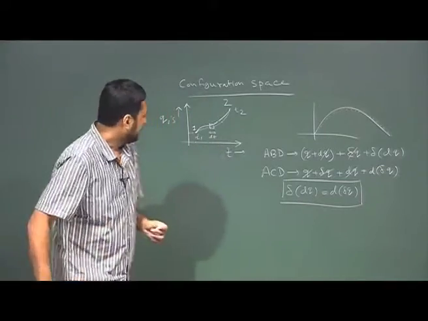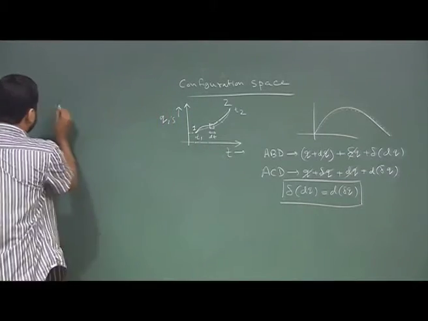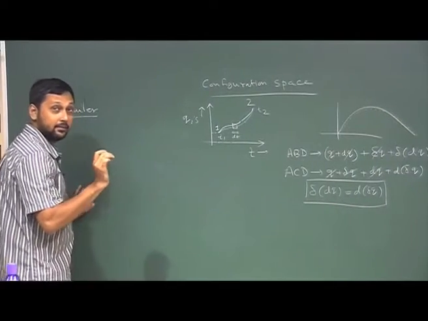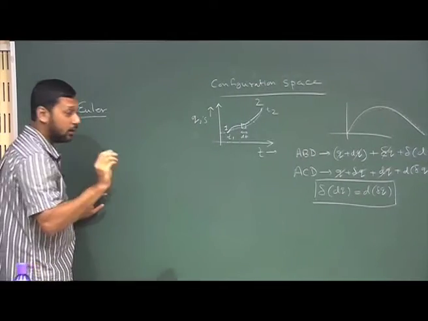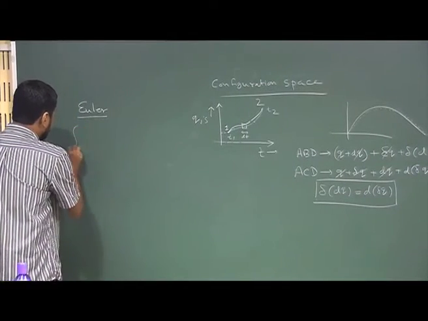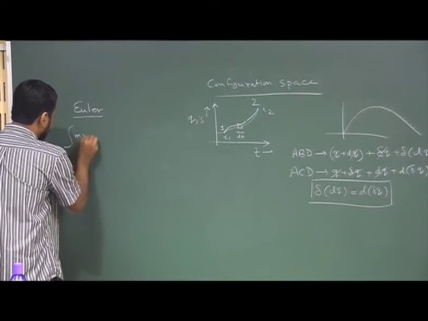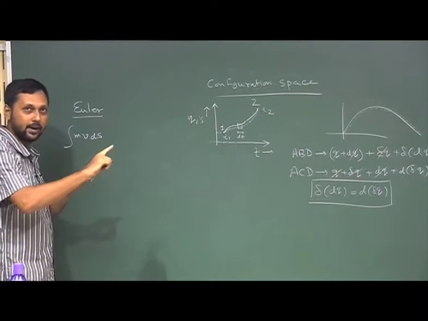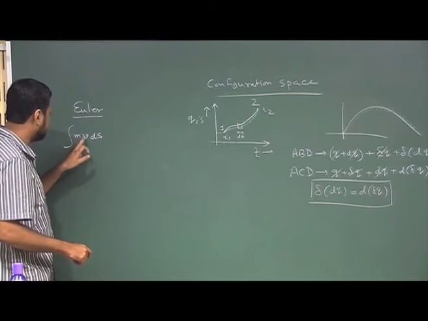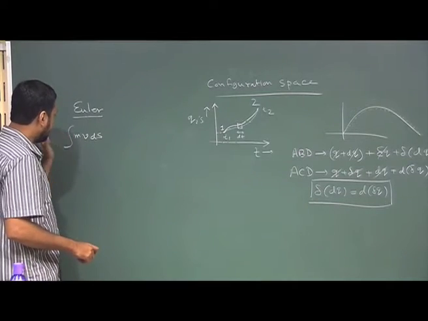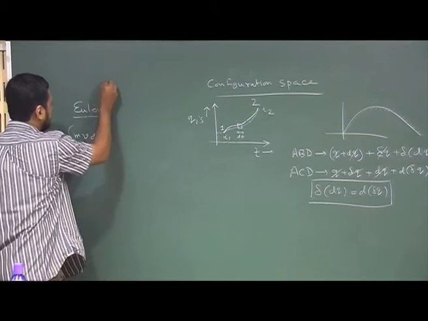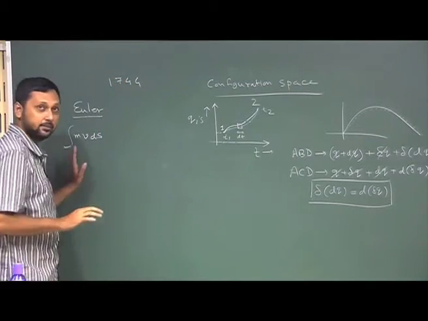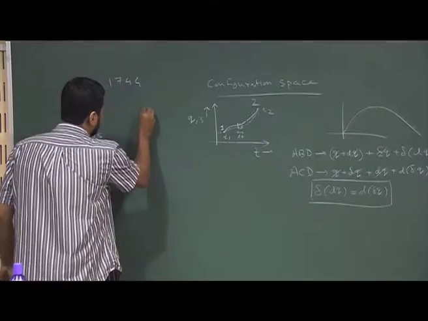What Euler said was that the mechanical system will follow a path along which the integral of m v ds is optimized, s being the arc length along the curve, m the mass, and v the velocity. That was in 1744, two independent minds, one sitting in Germany, one sitting in France.